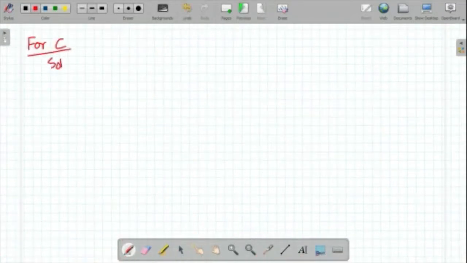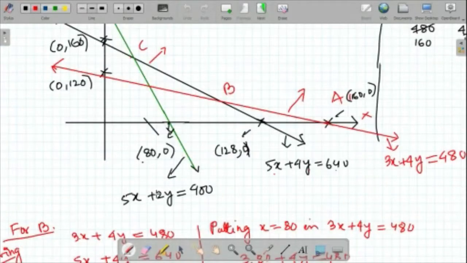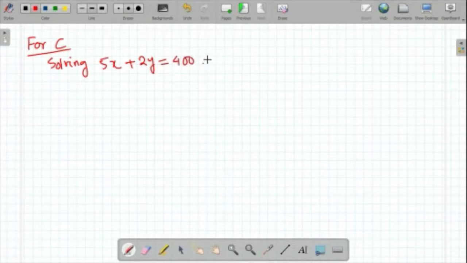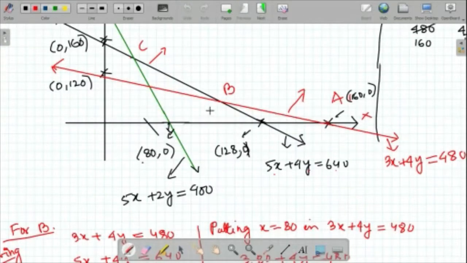Solving, 5x plus 2y equals to 400. And what is the black line?